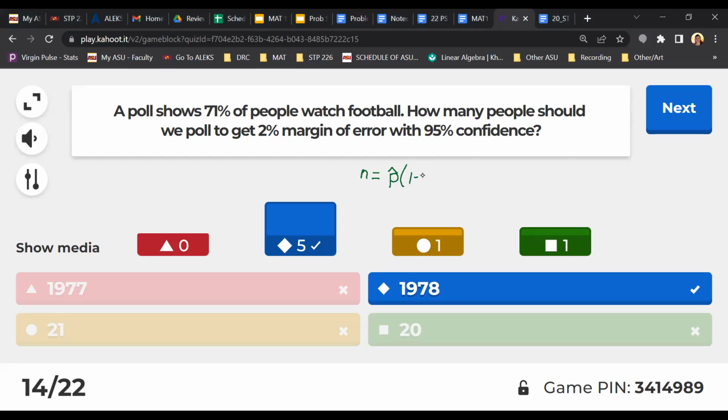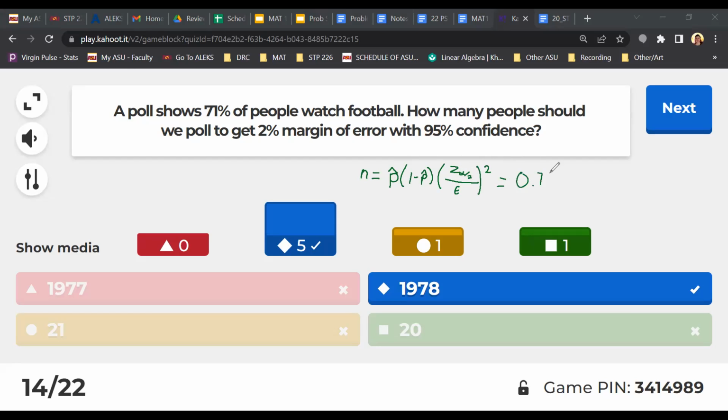Times a z-score over our margin of error squared, which in this case, we're given 71%.